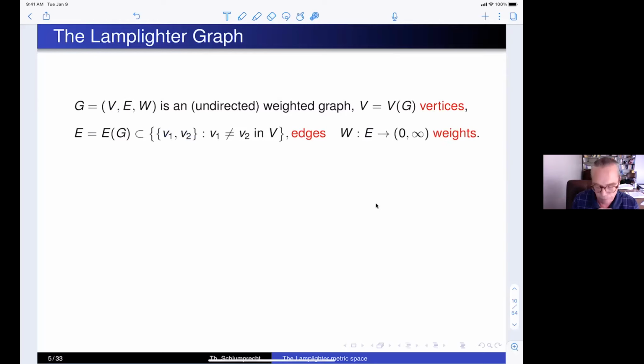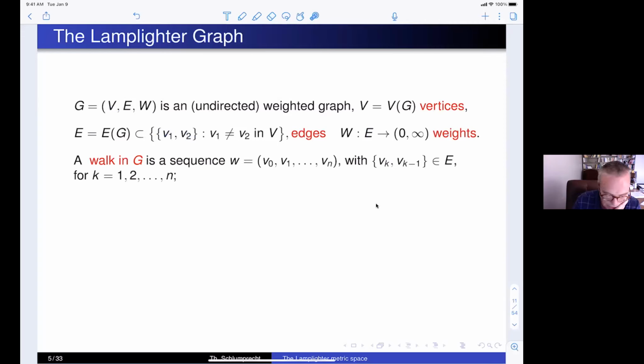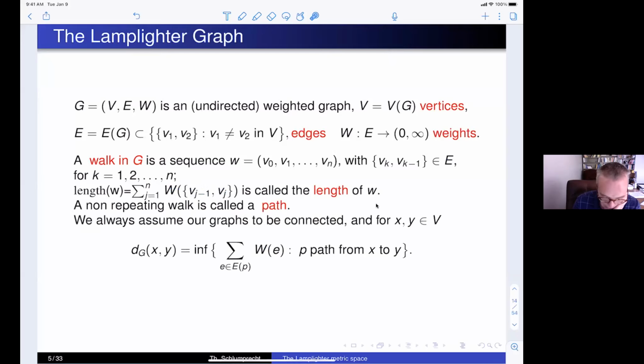Then a walk in the graph is simply a sequence x, b0, b1, until bn, for which every two consecutive elements form an edge. And then you can define the length of a walk simply by adding up the weights. We call this the length of the walk. And a path is then a non-repeating walk.